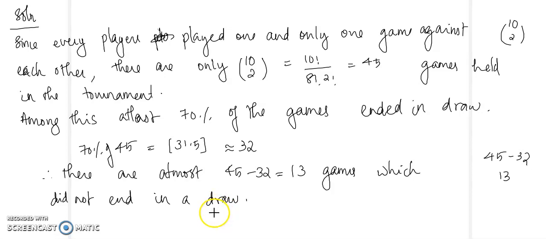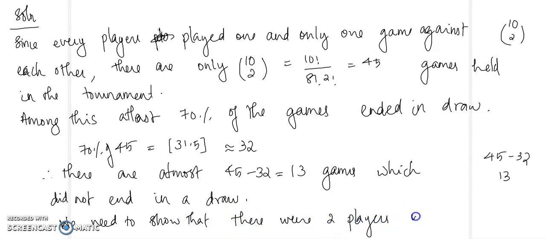Now let us assume, on the contrary, that no two players have the same total score. So we need to show that there were two players with the same total score.